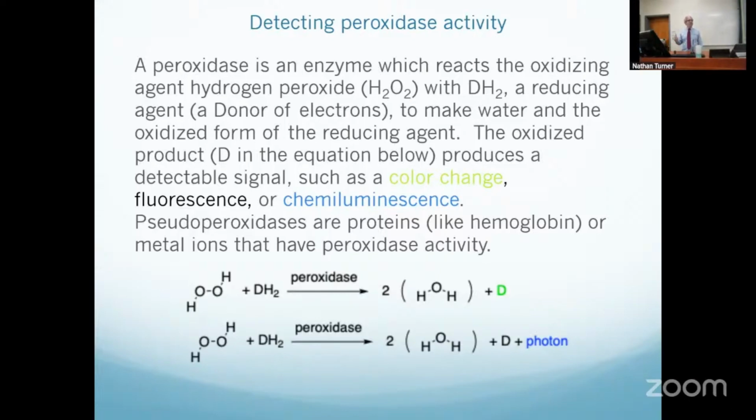And that's an extraordinarily sensitive test for blood, but it's not very specific. Okay, so that's true. All of the presumptive tests for blood are really tests for pseudoperoxidase activity.